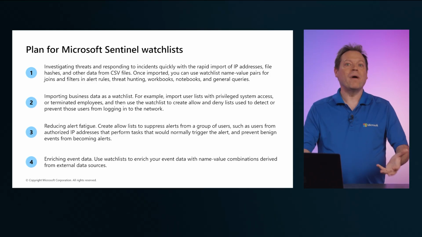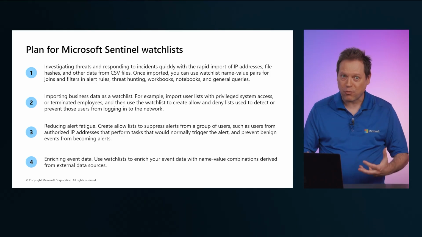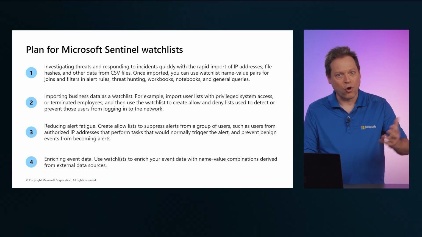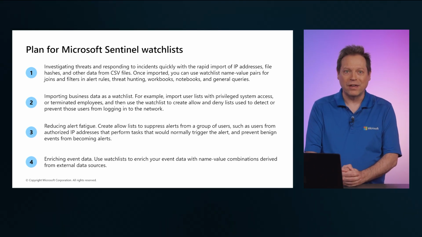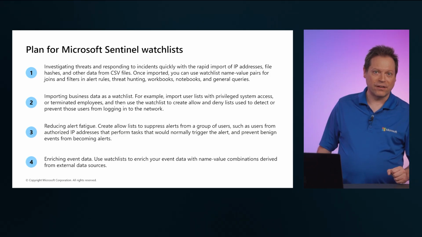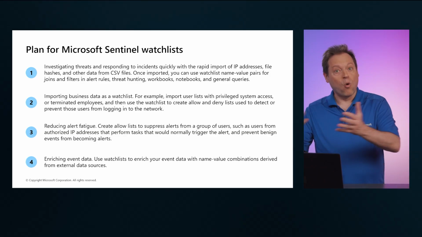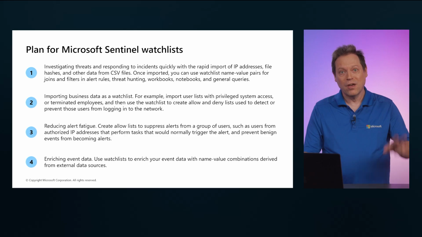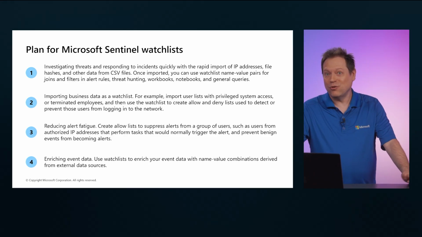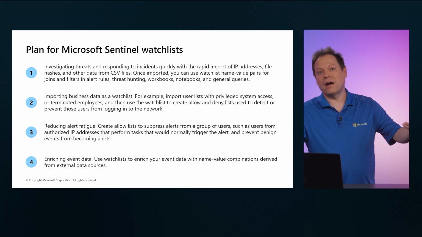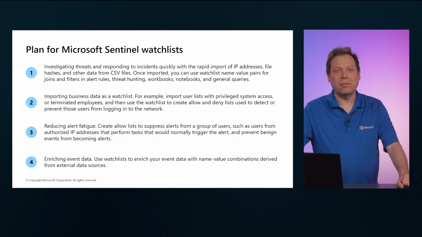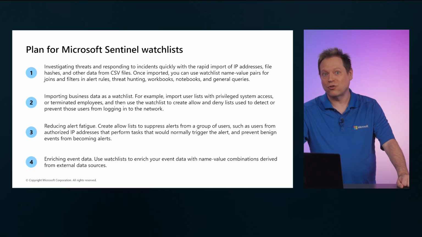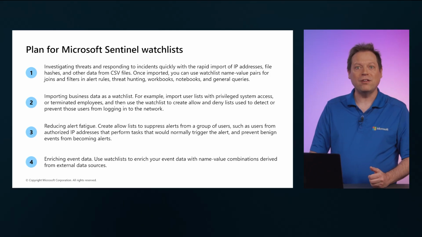For example, you might import a list of users with privileged system access or a list of terminated employees, and then use that watchlist to build an allow list or deny list that helps detect or even prevent unexpected access patterns. Third, watchlists can reduce alert fatigue by suppressing alerts from known benign patterns, such as tasks being performed by authorized users from authorized IP ranges.